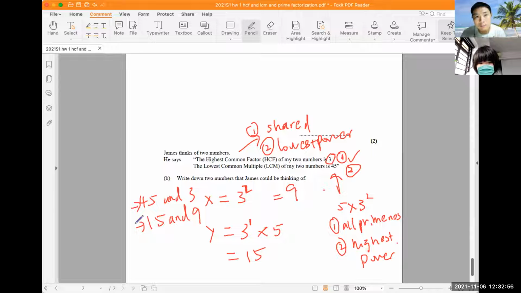This is also something you need to know when you progress to Sec 1: sometimes there is no fixed answer for a question. There are other possibilities. Something like our world. It's not like, oh, long hair must be females and short hair must be male, that kind of thing. There are other possibilities.